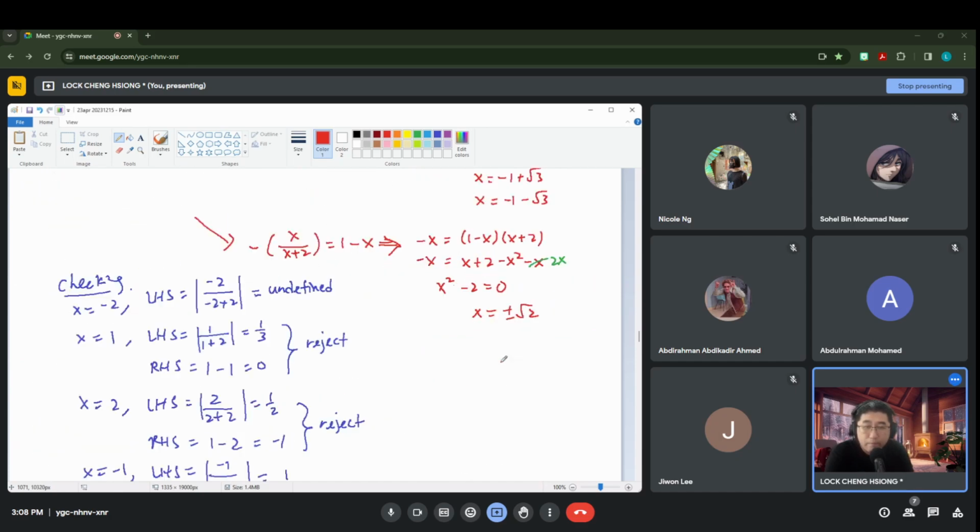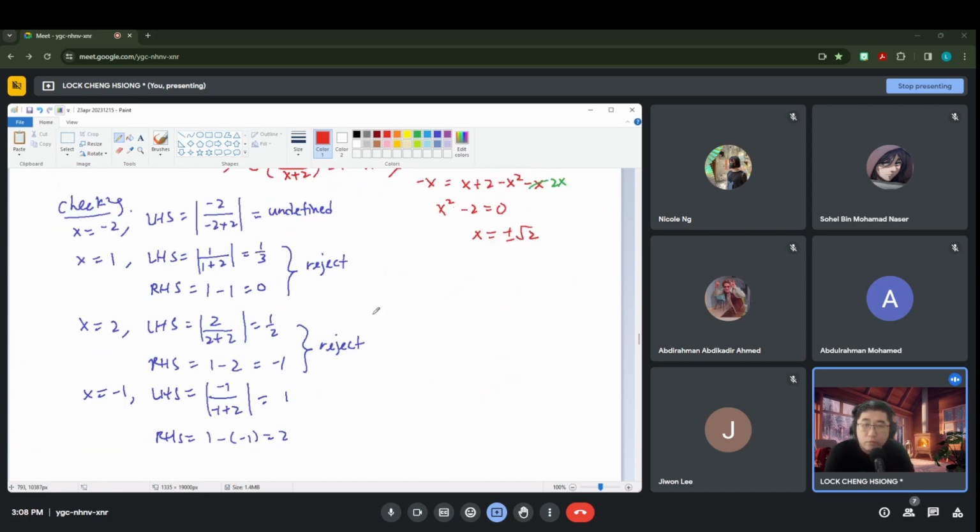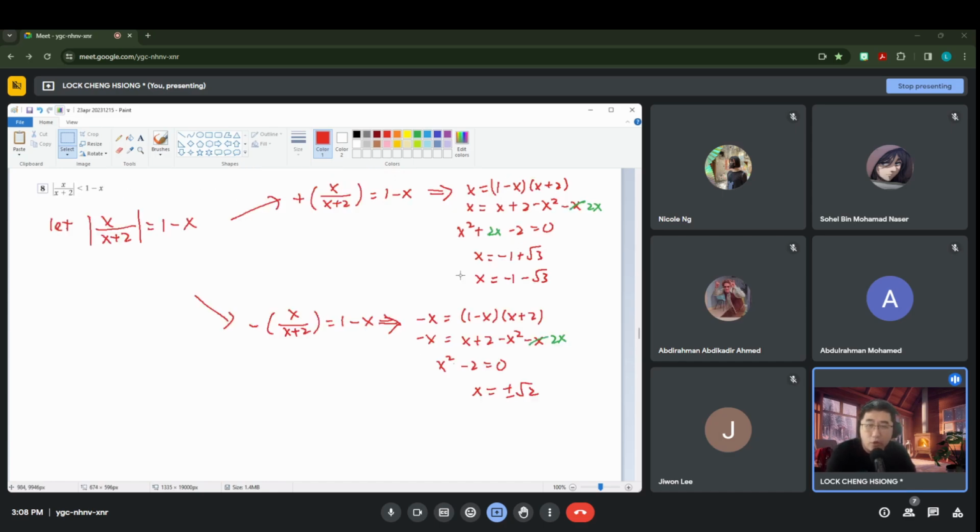Okay. So as you can see, this part, if you make an algebra mistake, it's going to cost you a lot. Therefore, during the exam, we will require students to have 100% no error over here.